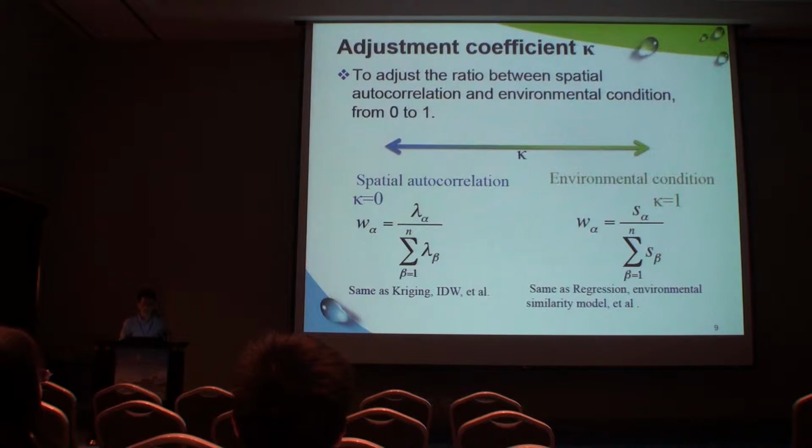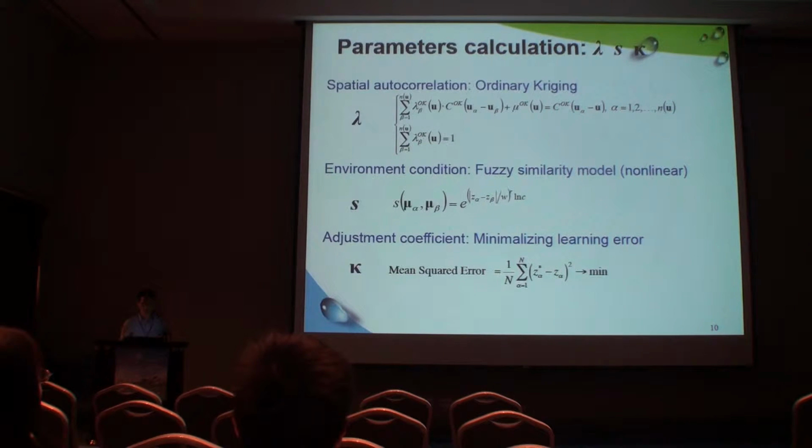As I mentioned before, there are 3 components in this method: the spatial autocorrelation, the environmental condition and the adjustment coefficient. For these, we use the ordinary Kriging method to solve the spatial autocorrelation, and a fuzzy similarity model, which is a nonlinear model, to represent the environmental condition between the unobserved location and the observed locations.